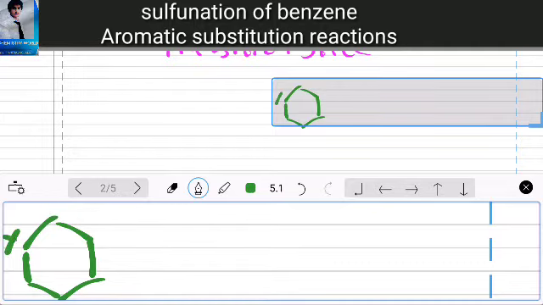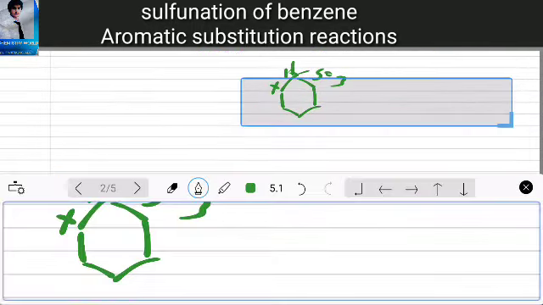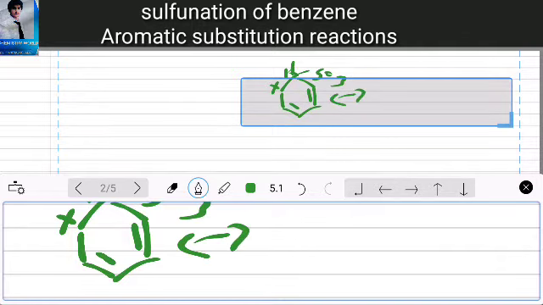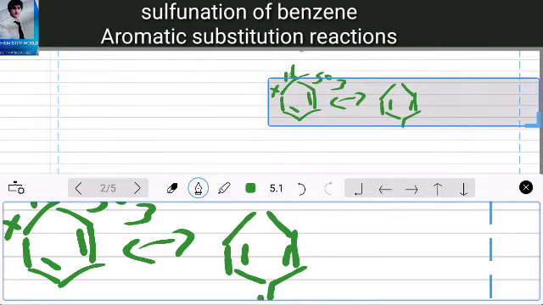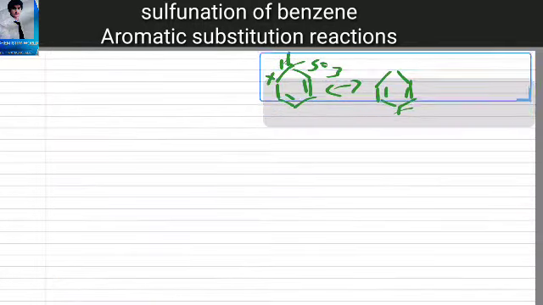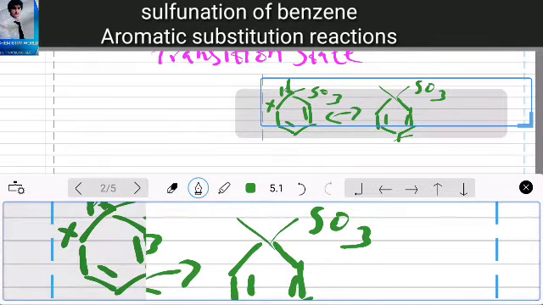If the positive is here because of SO3 and here H, it will convert itself into this state, the positive here, and SO3 here and H here.